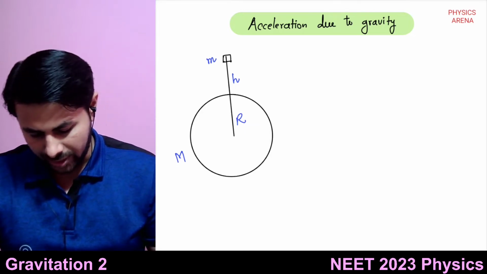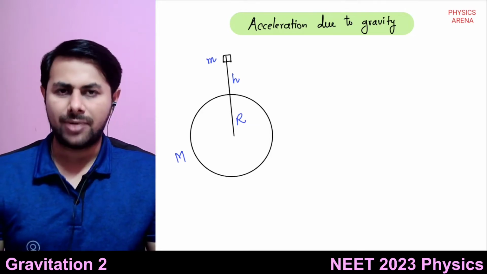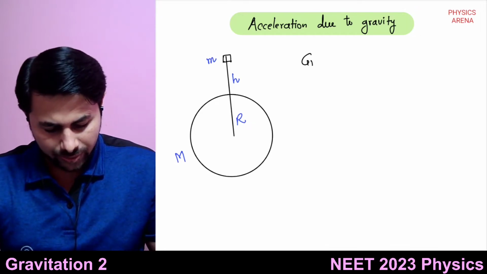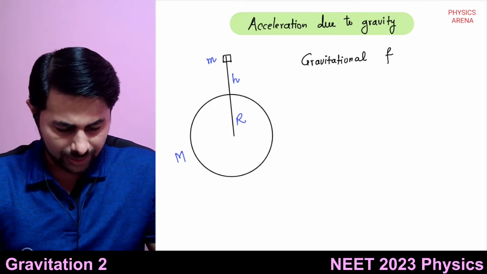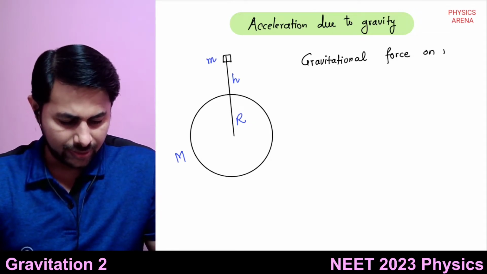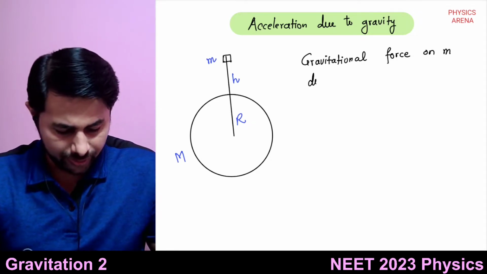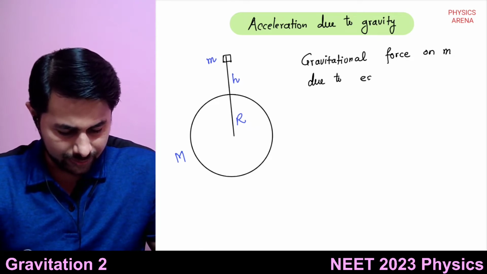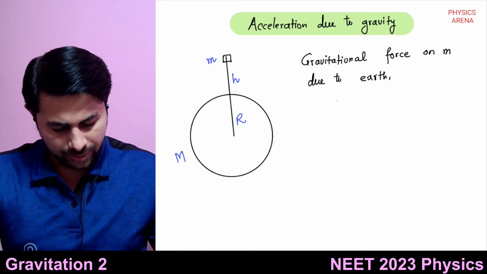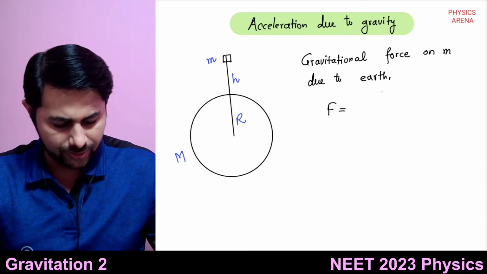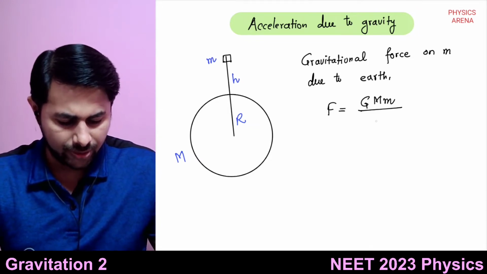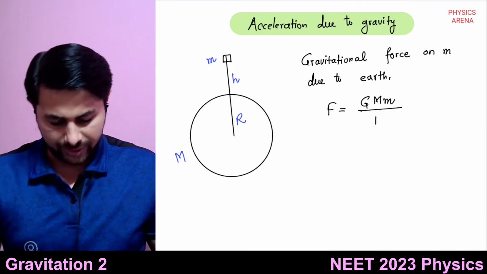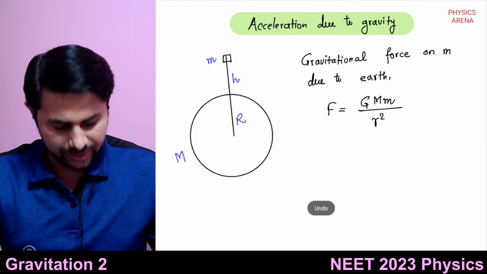We know, according to Newton's universal law of gravitation, the gravitational force acting on that object, on m, due to earth is F equals G times M multiplied by small m upon r square, distance square.